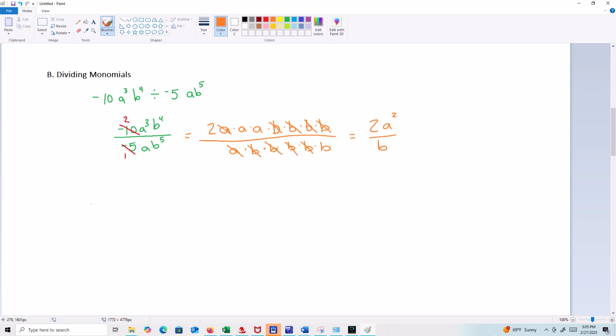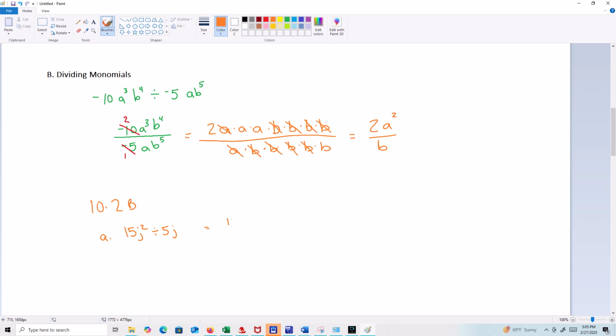All right, so in example 10.2b, letter a, we have 15j squared divided by 5j.